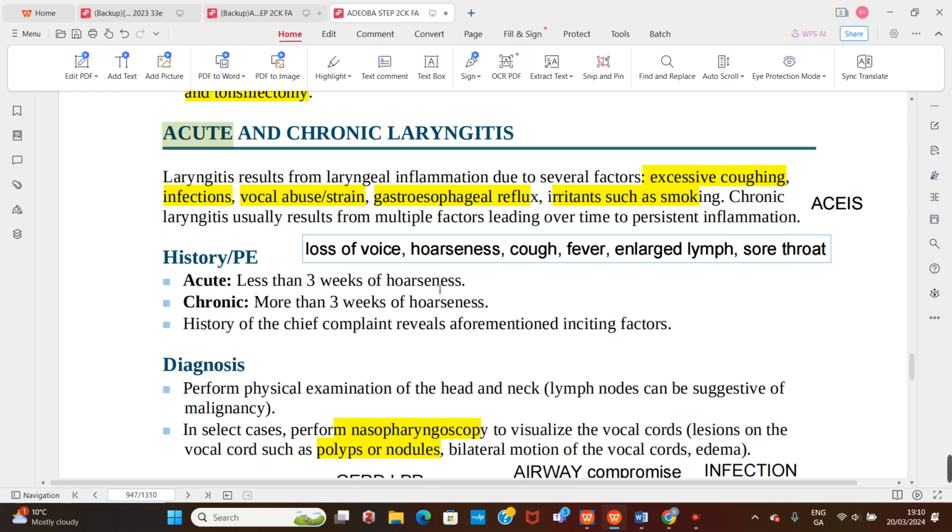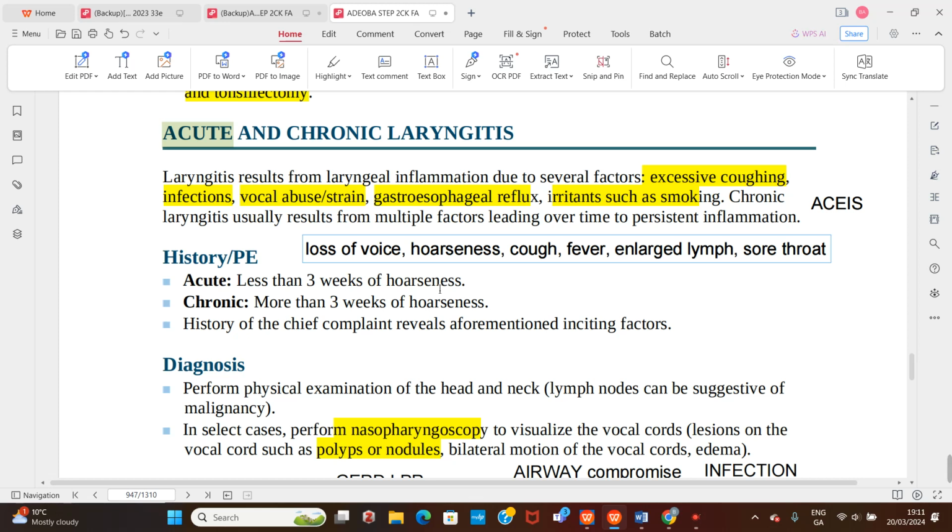Depending on the cause, they can have cough. Particularly people with GERD, they can have cough. They can have sore throats, enlarged lymph node if it's infection. So you can classify laryngitis into 2 categories based on the symptom of hoarseness. If the hoarseness is more than 3 weeks, that is acute.